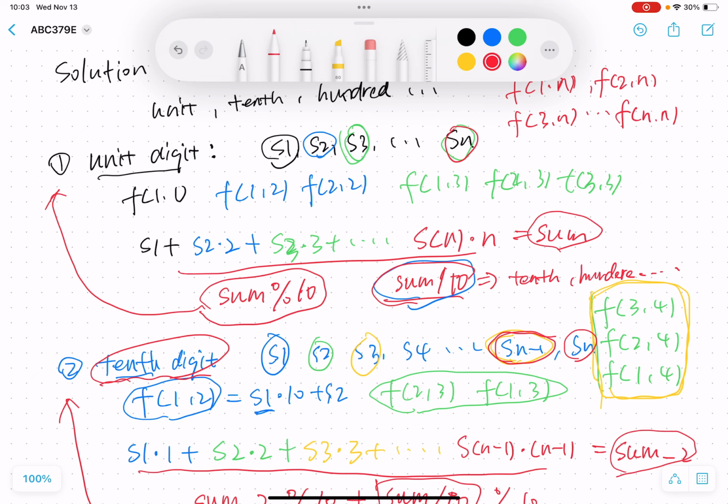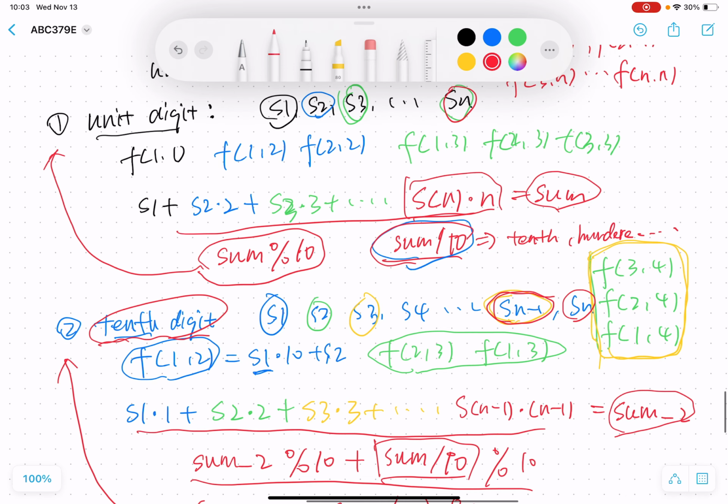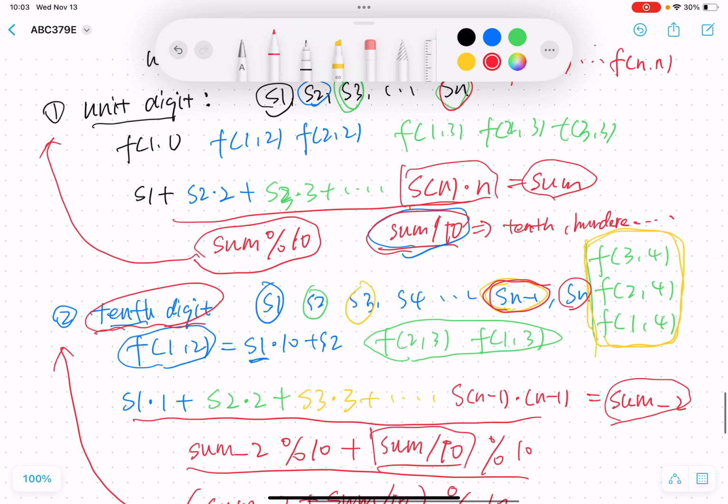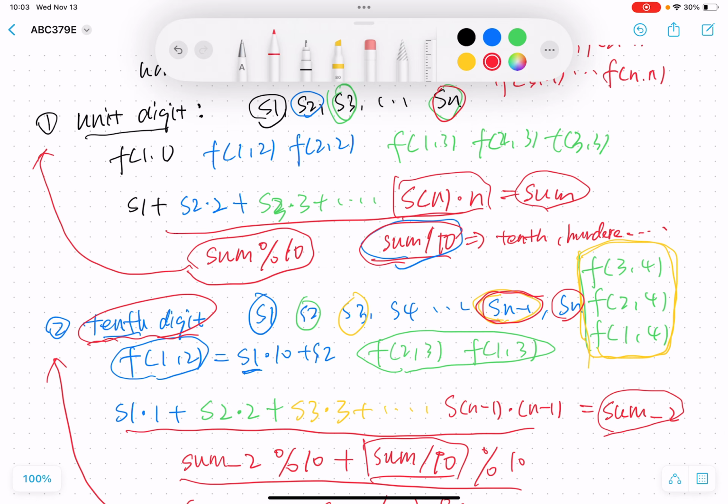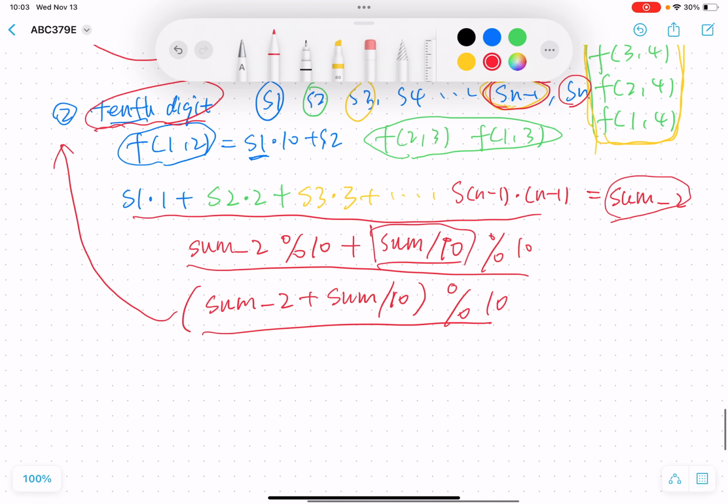The difference between them is the last element of the sum. So we can maintain the sum one by one. We can calculate the sum at the initial value and maintain the value by subtracting the last element. This is how to solve this problem. This is the solution to this problem.